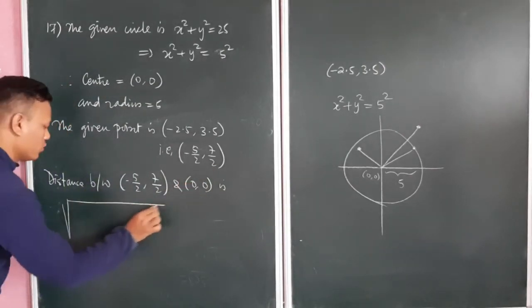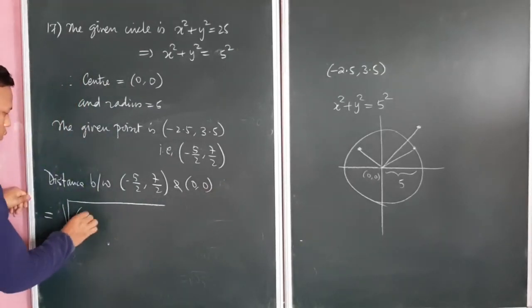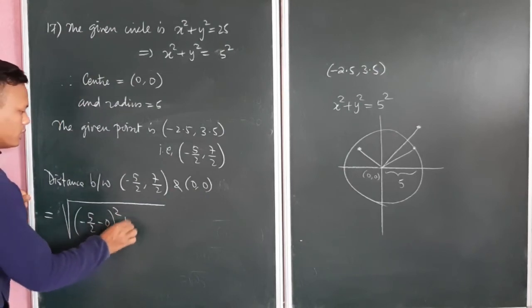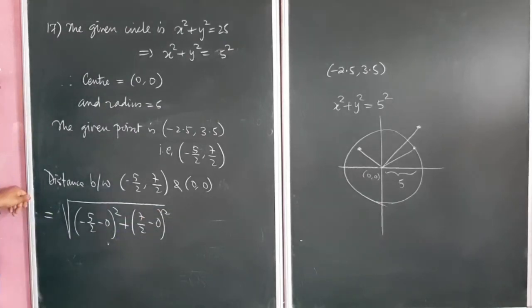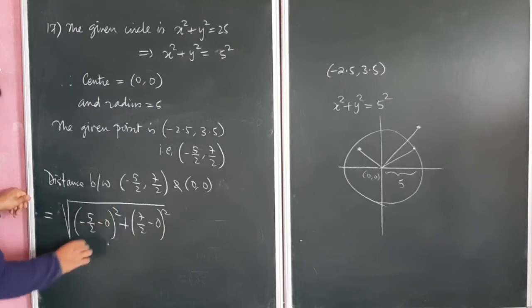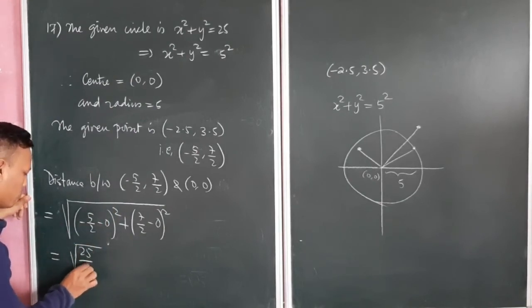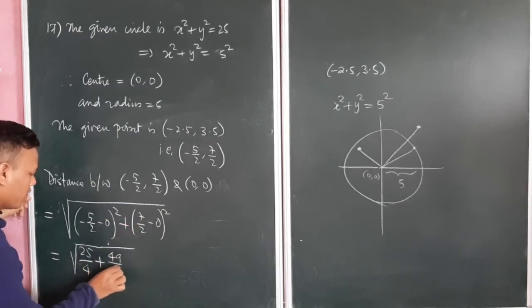So distance will be equal to the square root of minus 5 by 2 minus 0 whole square plus 7 by 2 minus 0 whole square. So this will be equal to, minus 5 by 2 whole square is 25 by 4, plus this is 49 by 4.